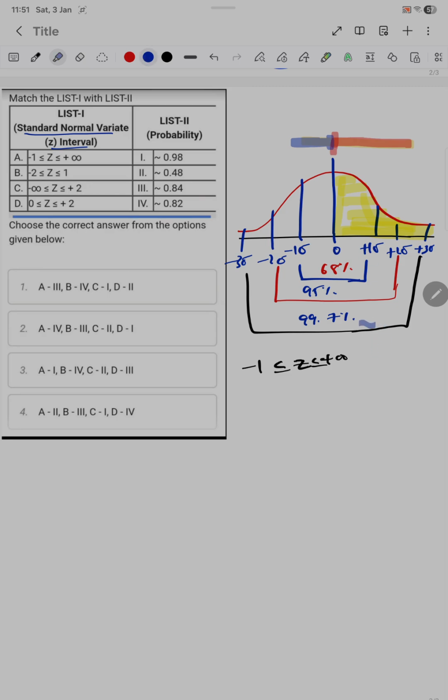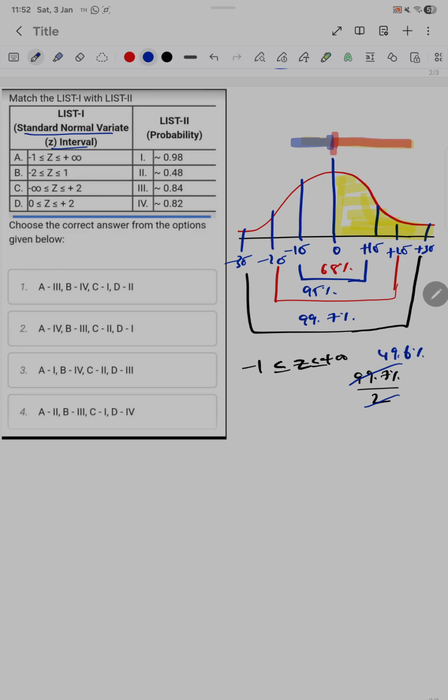So that part covers 99.7% divided by 2, because from -3 to +3 it is 99.7%, but we need only half of it, so 99.7 by 2, so it will cover 49.6%.